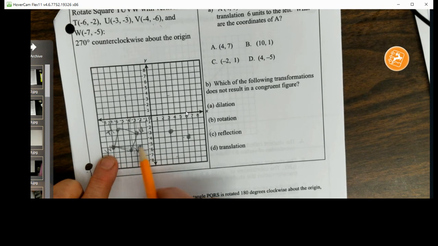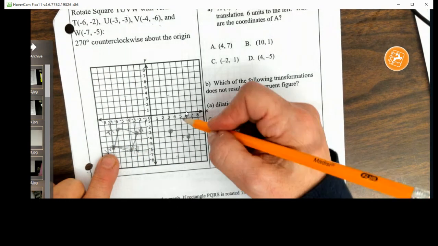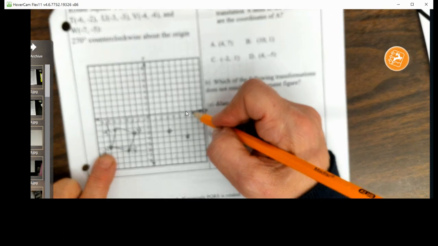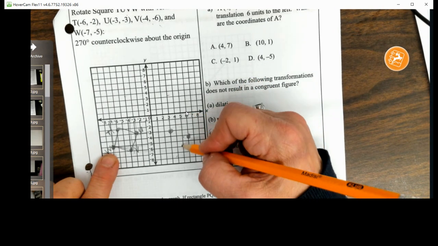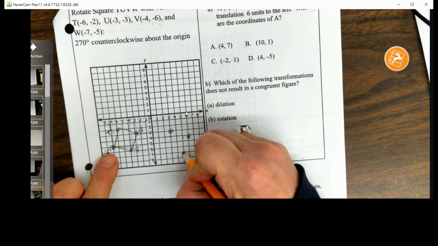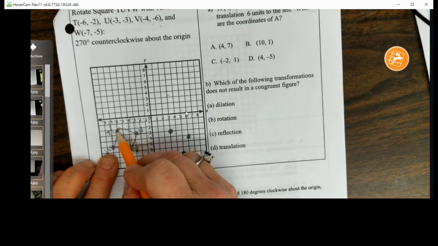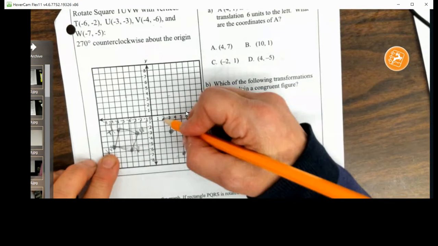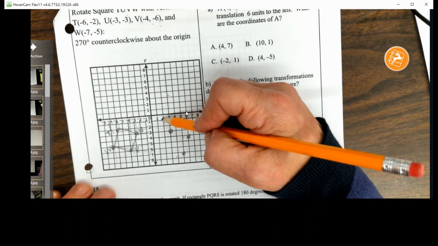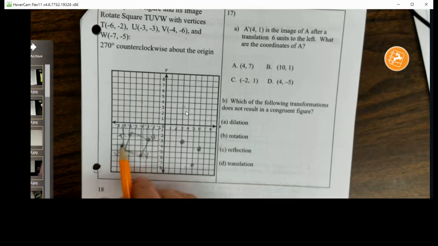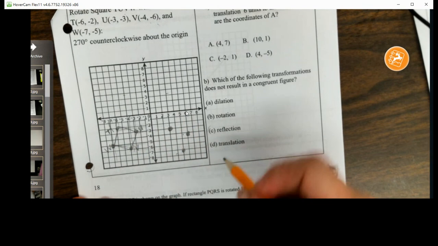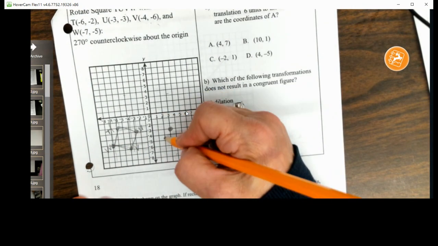W is, so I want negative 7. I want it to be negative 5, negative 7, and T is negative 2, negative 6.